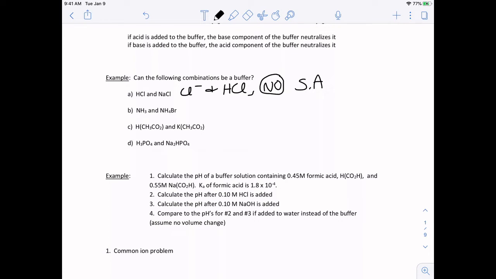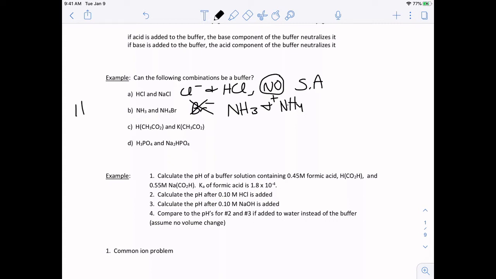B, I have ammonia and ammonium bromide. I'm not going to care about the Br minus. So what I really have is NH3 and NH4 plus, ammonium, which has a positive charge. Why don't we care about Br minus? We don't care about it because it's the conjugate of a strong acid, and we said that conjugates of strong acids are inert.